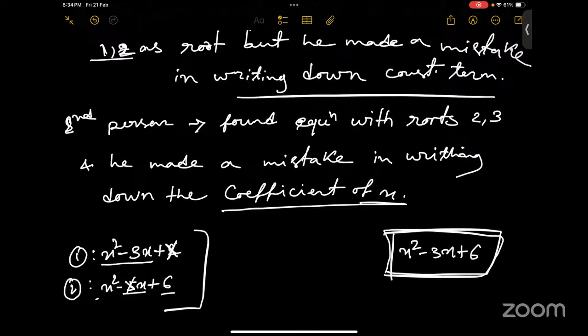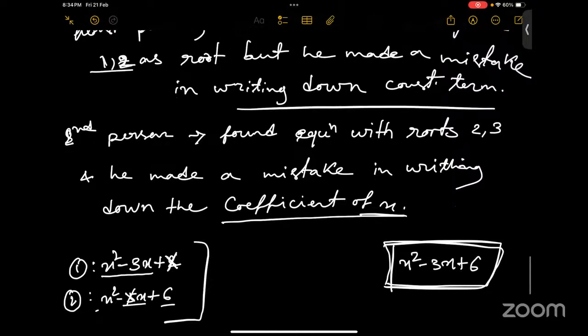From the first equation we get x square. How did you arrive at that one? The first equation had roots 1 and 2, right?